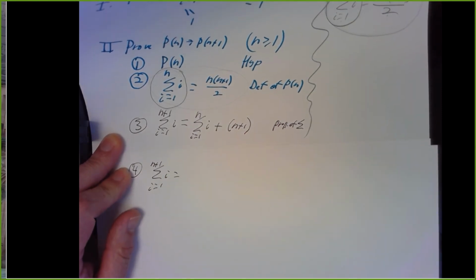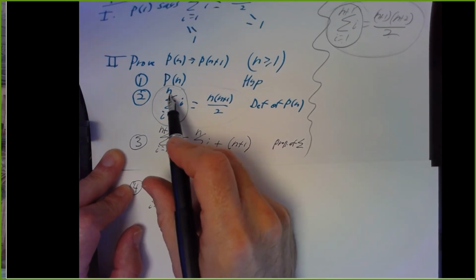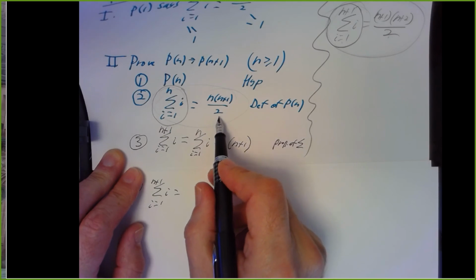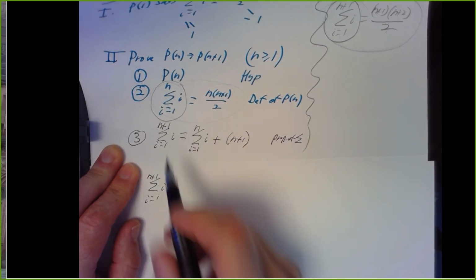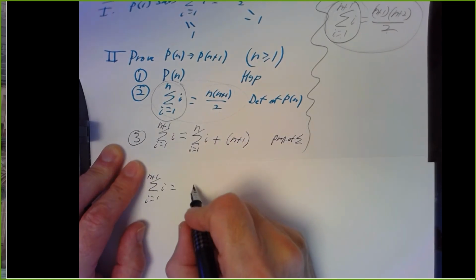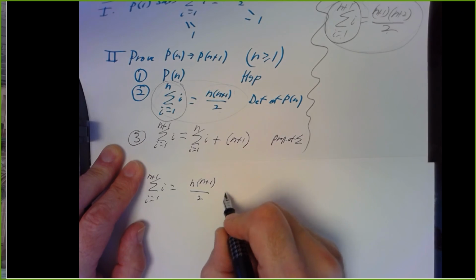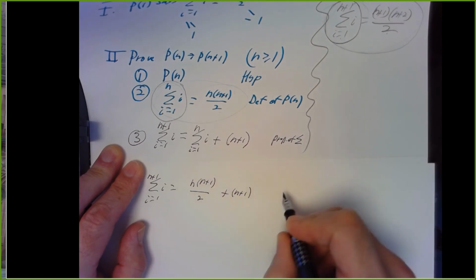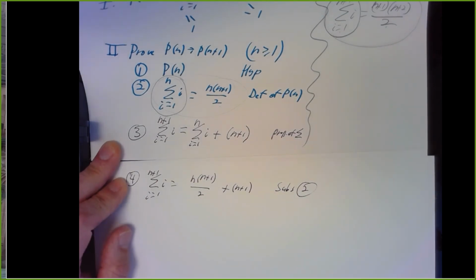Well, I'm going to use what we've already done, which was we showed that the sum from i equals 1 to n of i was n times n plus 1 over 2. That's step 2. I'm going to substitute that for this summation. So this is substitution of what we had in step 2.